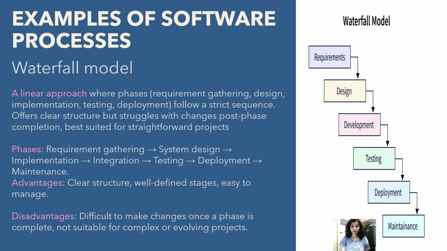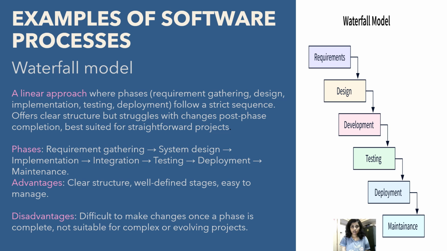The waterfall model is one of the most important software models. It is a linear approach and the phases in this, like requirement gathering, designing, implementation, testing, deployment, all follow a strict order or sequence. This model offers a clear structure, but it struggles with post-phase changes and it is only best suited for straightforward projects.